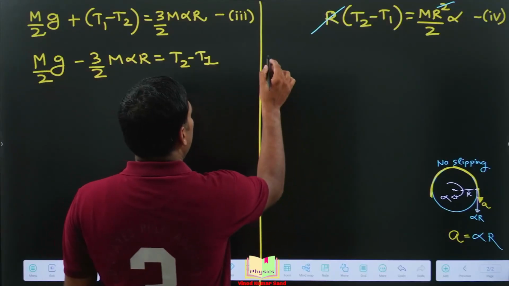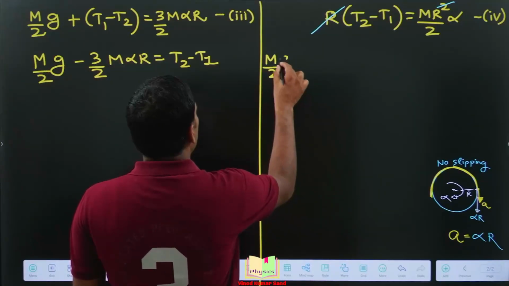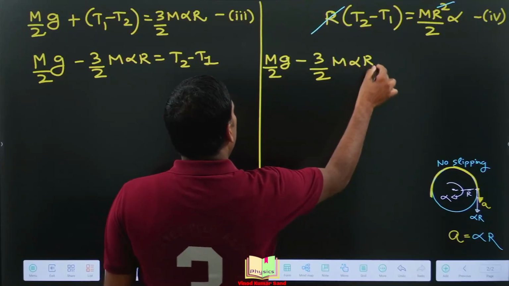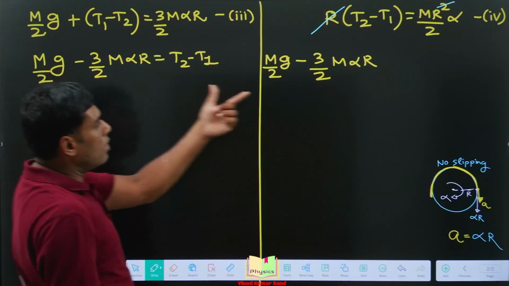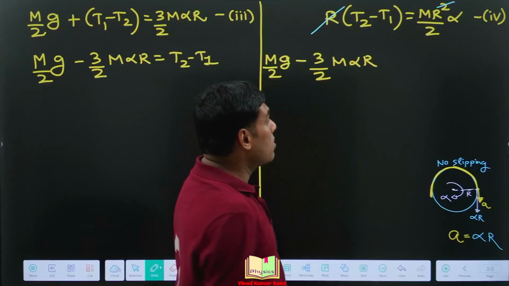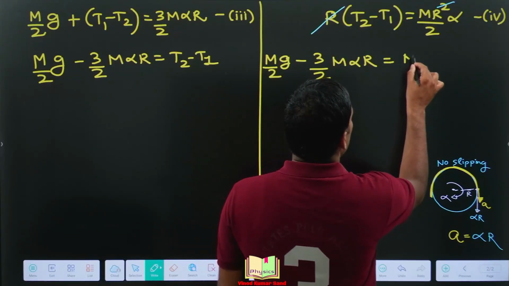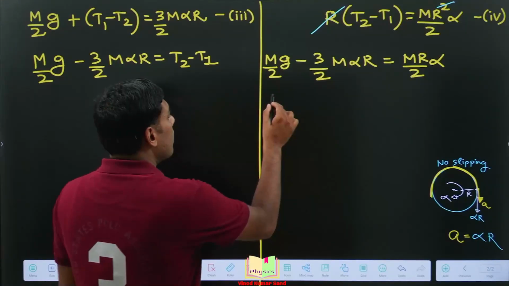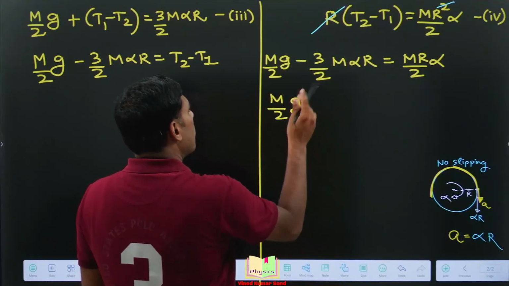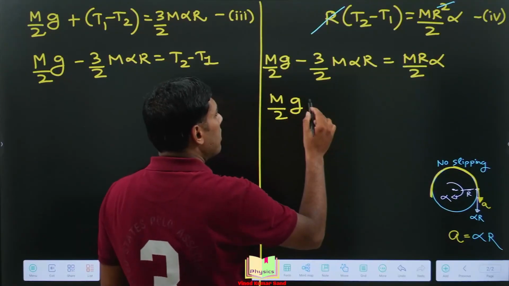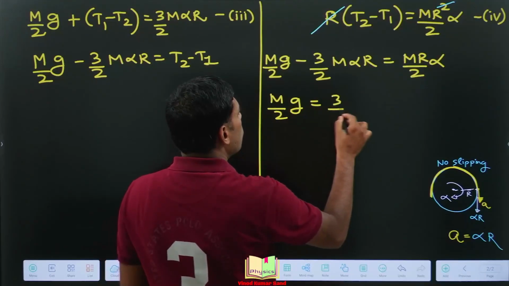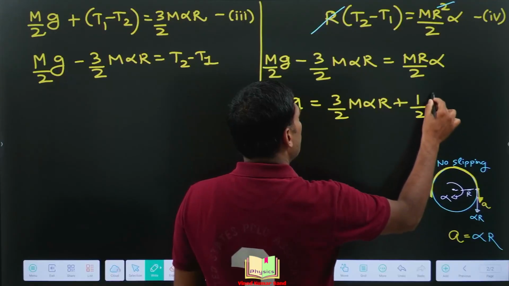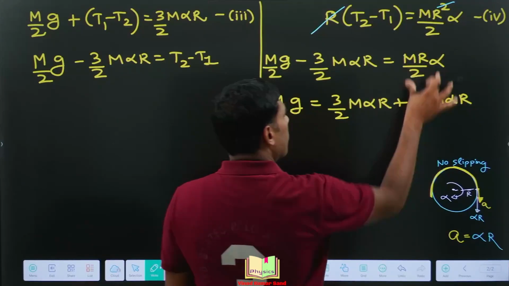T2 minus T1, I am substituting from here: (m/2)g minus (3/2)m alpha r is the T2 minus T1. This is equal to (mr/2) alpha. Okay, (m/2)g. Now shifting this term to the right hand side is equal to (3/2)m alpha r plus (1/2)m alpha r.